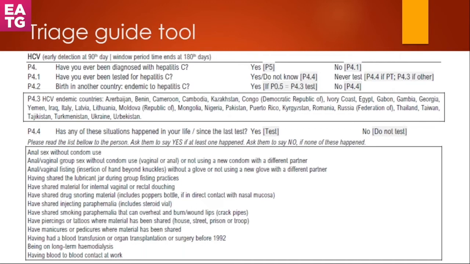And at the end of the list, the person going for testing just has to say yes if at least one happened, or no if none of these happened. So it's a self-qualifying question to overcome these perceived barriers from the community health workers to ask these questions, and from the persons going for testing to disclaim one by one these practices.